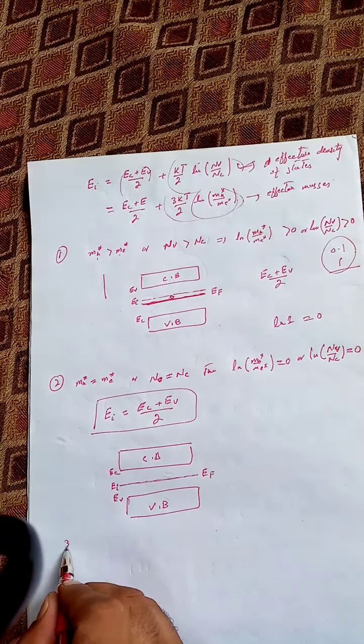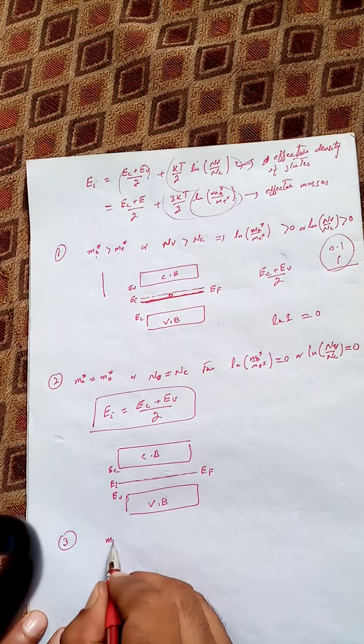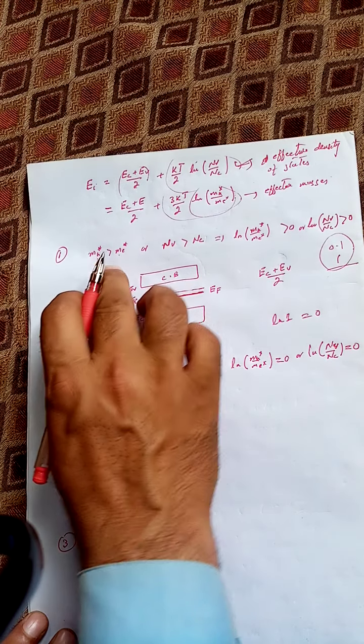Now we have the third and last case, which is if effective density of hole is less than effective density of electron, since we already considered the greater case.